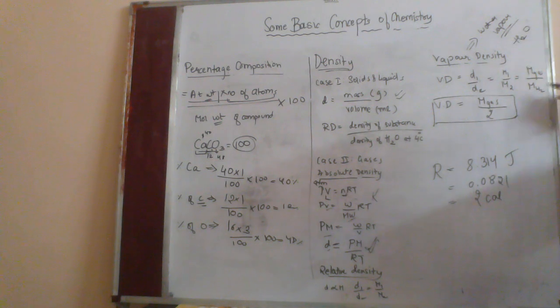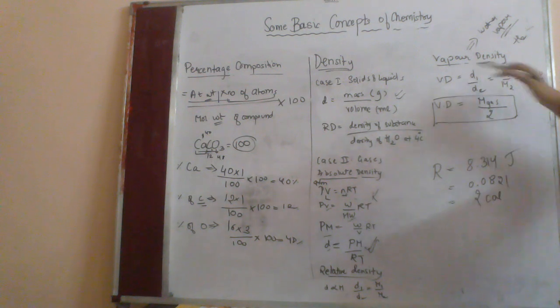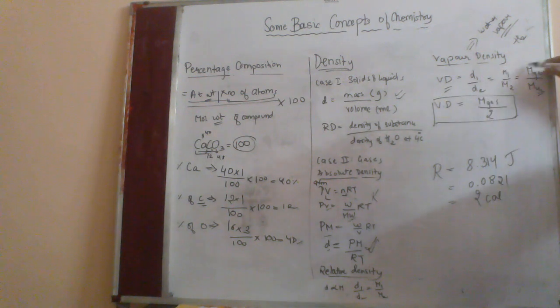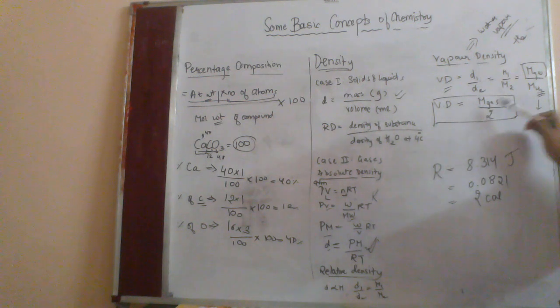But here the gas is H2, not H2O. Okay? So vapor density means the mass of the first gas divided by the mass of H2. H2 gas has a mass of 2. So we can directly write vapor density as the mass of the given gas divided by 2. Okay?